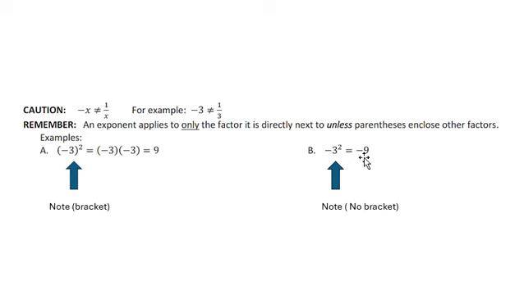So you will get negative 9. So that's the importance of using brackets. If you bracket it, it means the exponent rule applies over the entire thing inside that bracket. If you don't have any bracket, the exponent rule only applies to the number that's attached to it, okay?